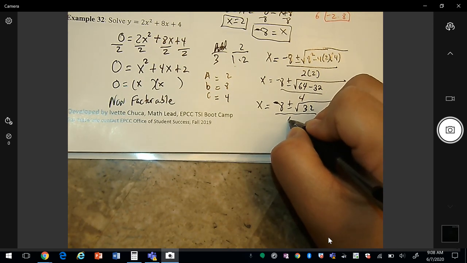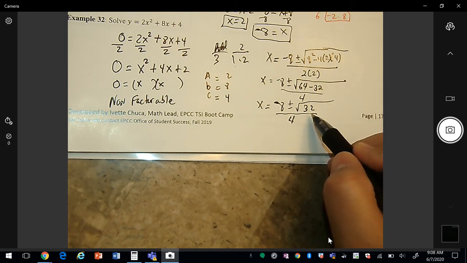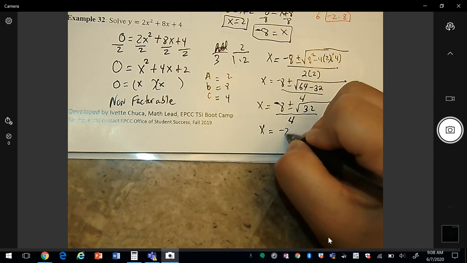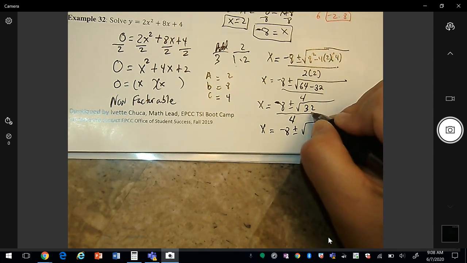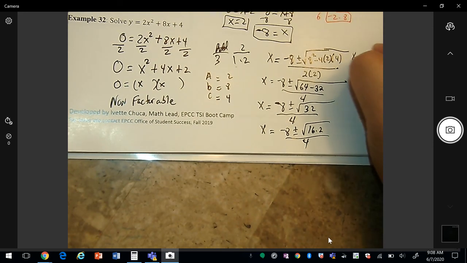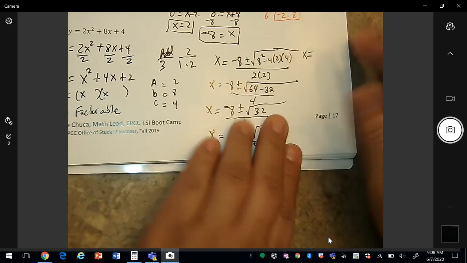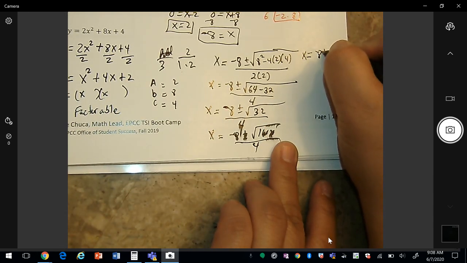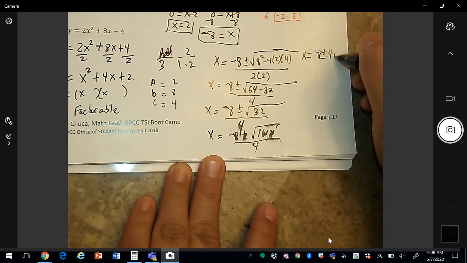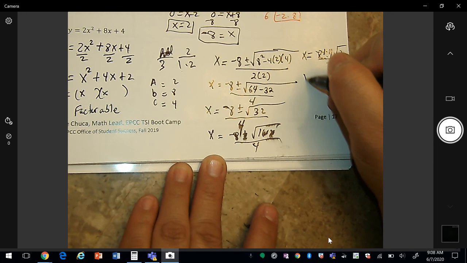divided by 4. And you can see here that this is not a perfect square, like 25, where the square root of 25 comes out to 5. Okay, but we can still simplify it as negative 8 plus or minus. 32 can be written as 16 times 2. So we get x is equal to negative 8 plus or minus the square root of 16 times 2, divided by 4. The 16 will come out as a 4, and the 2 stays inside.